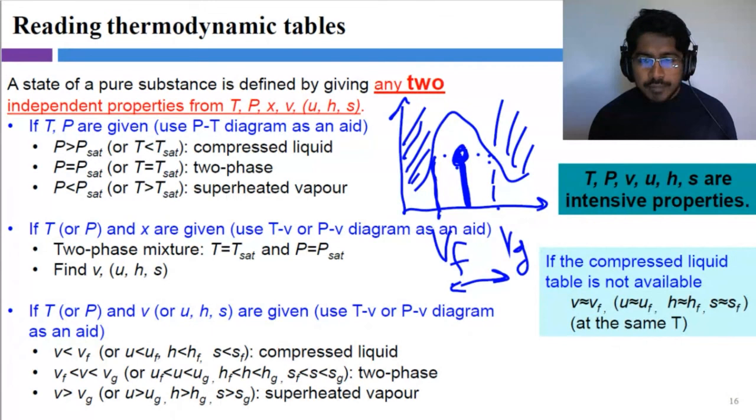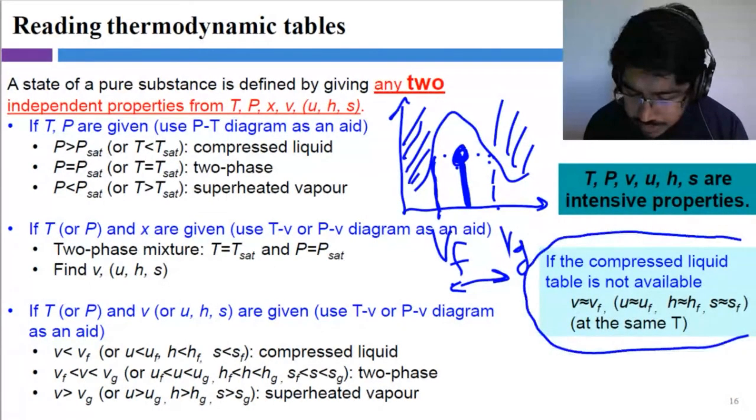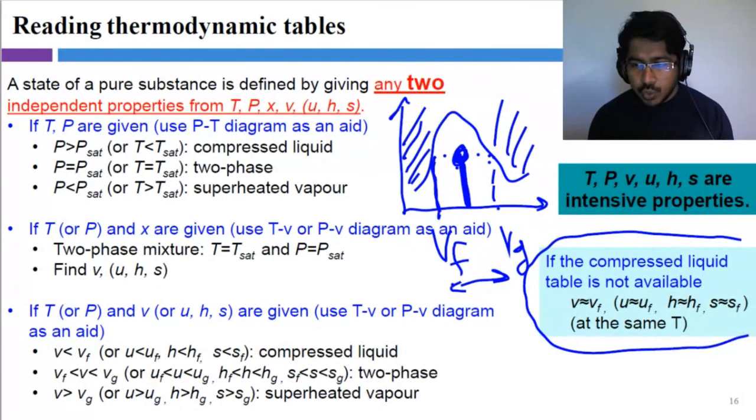Are we clear on the things that we discussed? In addition to these points, the other important notion that we found today is, if a compressed liquid table is not found, you can assume that v, or internal energy, enthalpy and entropy, that we have not learned yet, but specific volume of a given compressed liquid at a given temperature is similar to the specific volume of saturated liquid at that temperature, v_f.